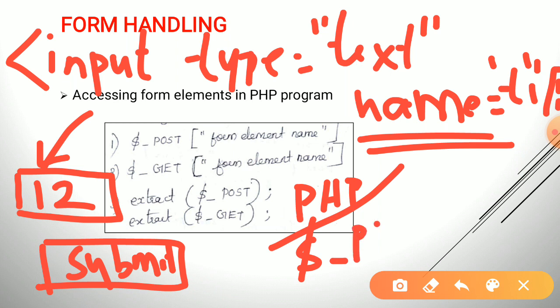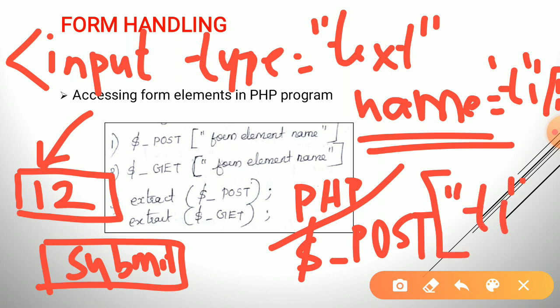$_POST or $_GET, whatever method we are using we have to specify that. Then within square brackets you have to give this name, T1. So like this we can access the value entered in this text box. By specifying the name of the text box or any control, we can access the value entered in that control.